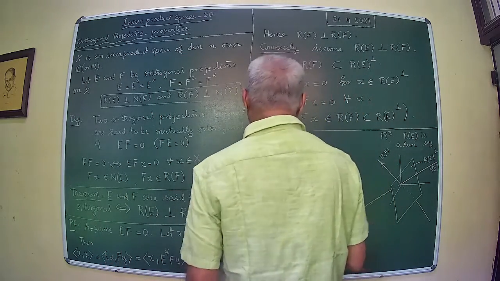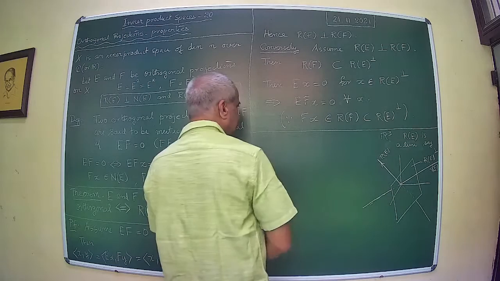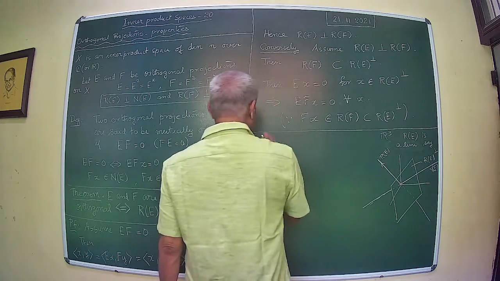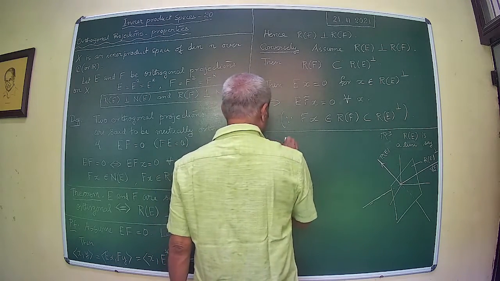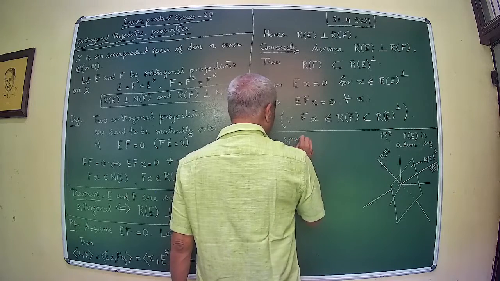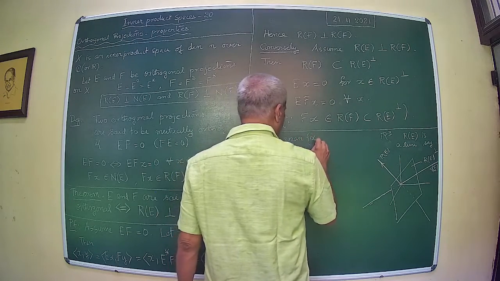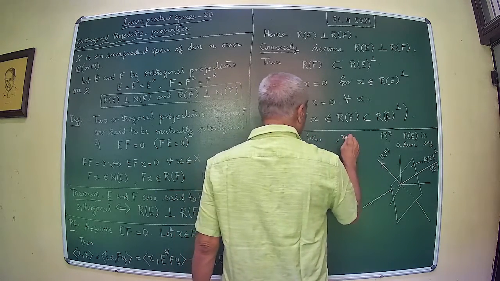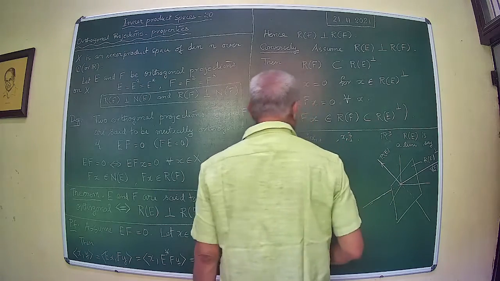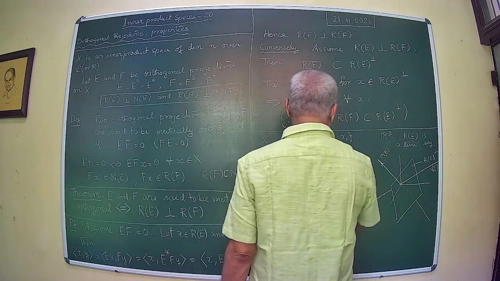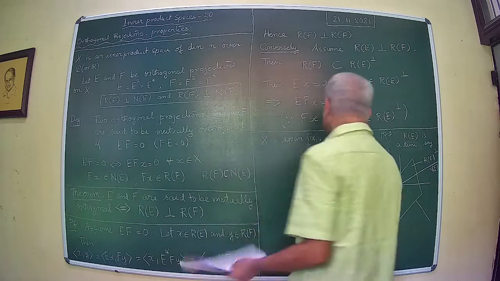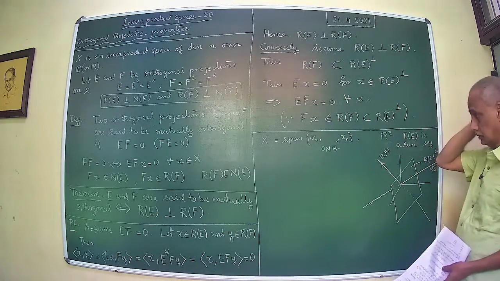Now another example is this. Let us take X, which is an orthonormal basis. It's an n-dimensional orthonormal basis.